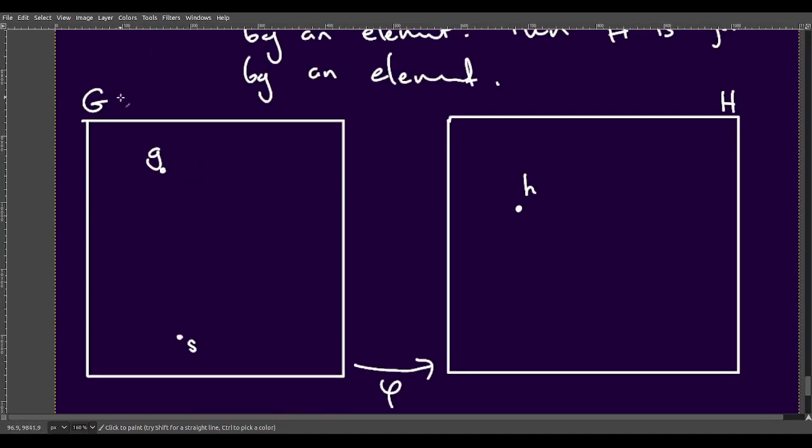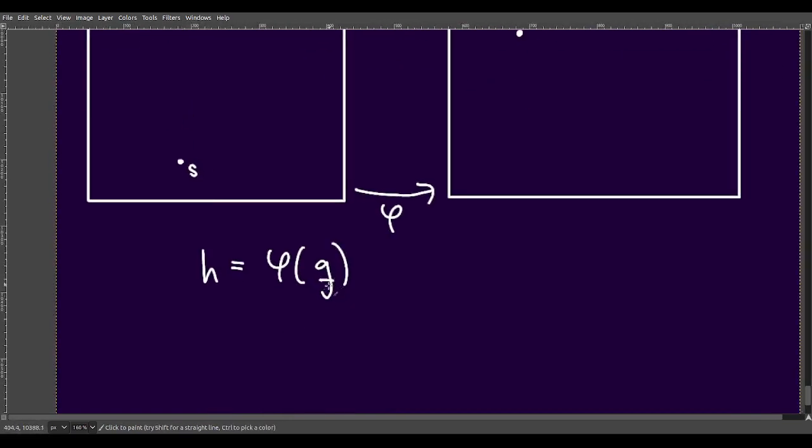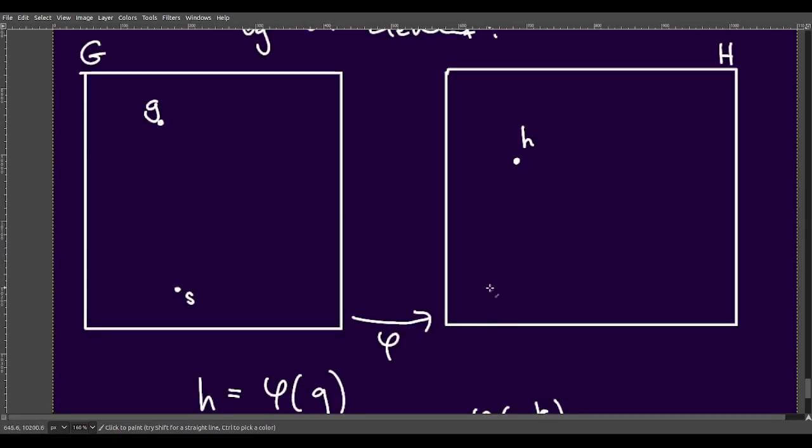Now, notice because G is generated by S, we can rewrite our g as g is equal to S to the power of k. If we plug this definition back into our original phi, we get phi of S to the power of k, so h is equal to phi of g, which is equal to phi of S to the power of k.